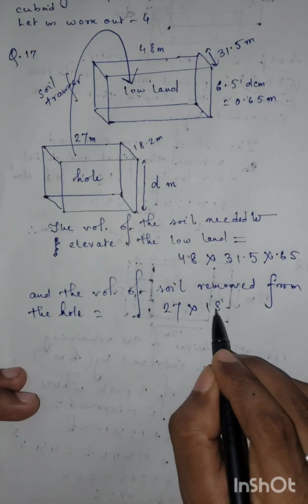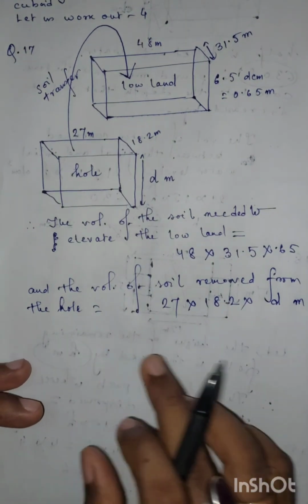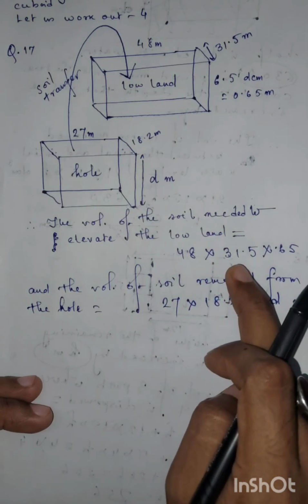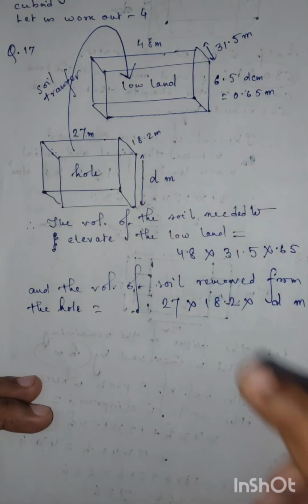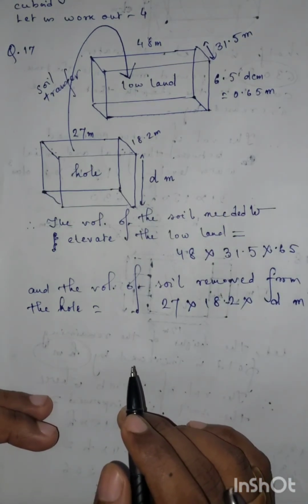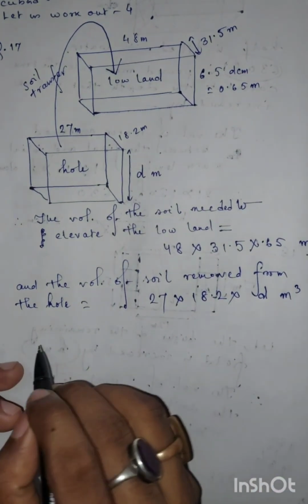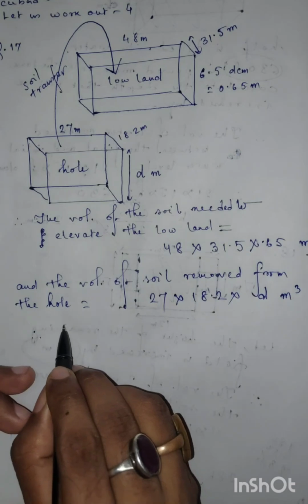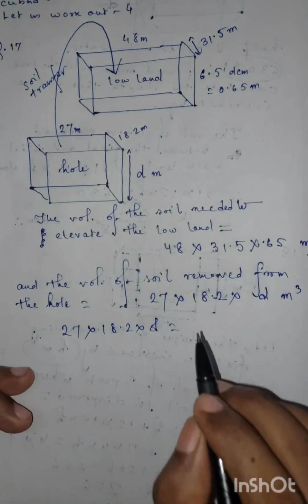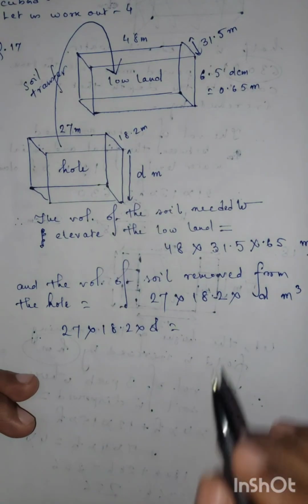27 into 18.2 into d meter cube. So this soil is used to fill up this region. So these two must be equal. Therefore 27 into 18.2 into d is equal to the volume of the elevated land, where d is the depth of the hole in meter.